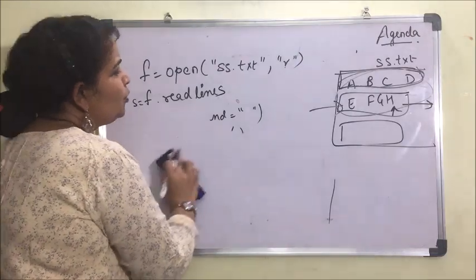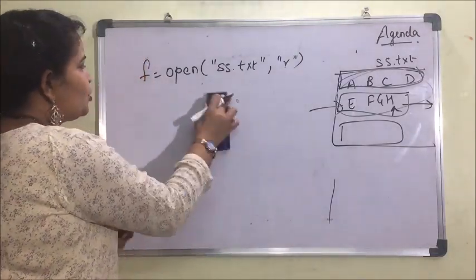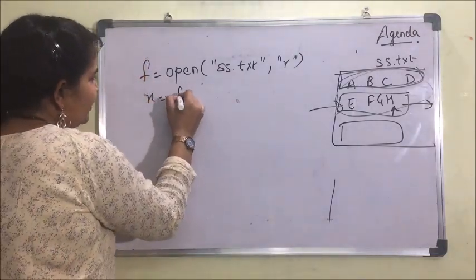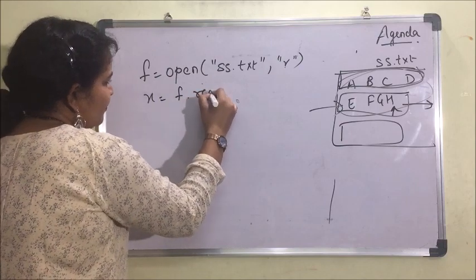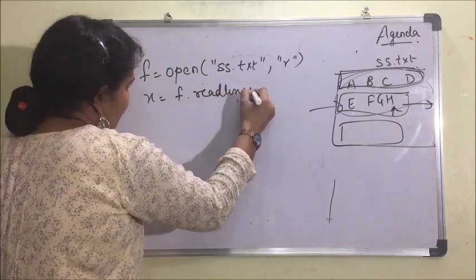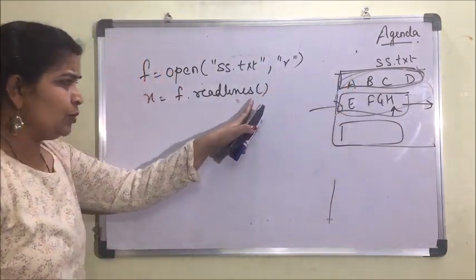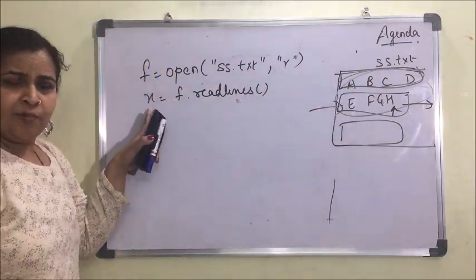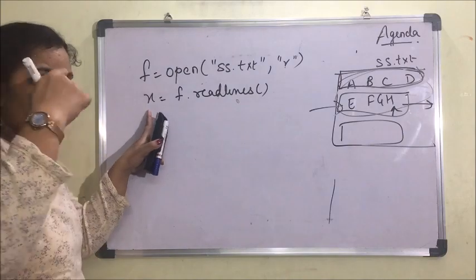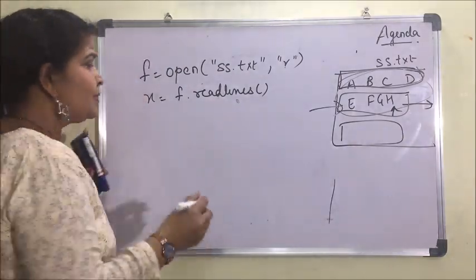So if you want to print one by one, suppose you have written X is equal to f dot readlines. In this case, this whole file will be converted to a list, and the name of the list will be X. And just recall how we use a list.